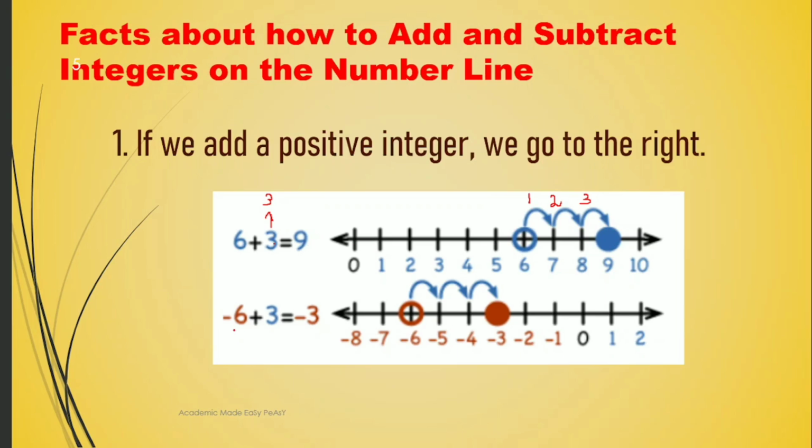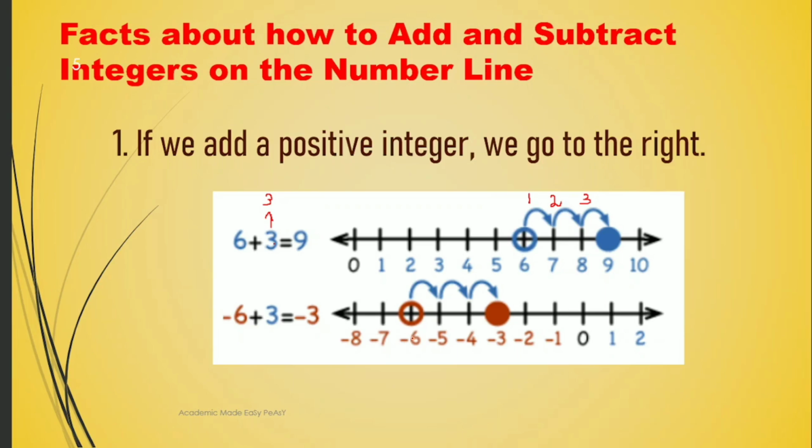Okay, now I have taken another example. See here, I have -6, and the second number which I'm adding to it is a positive number. 3 is a positive number, right? Since it has a positive sign before it, I'm calling this a positive integer. As we did in lower classes, it is the same thing, only the negative will be extra over here.